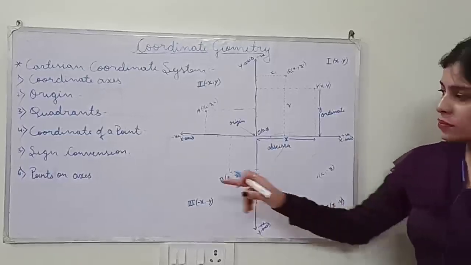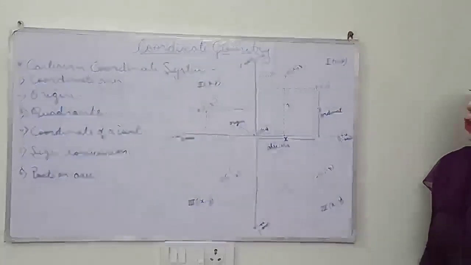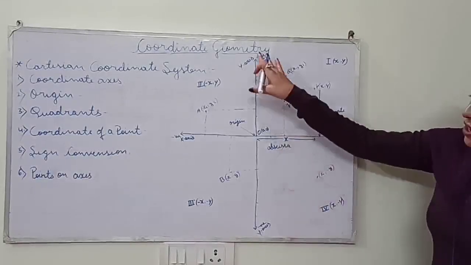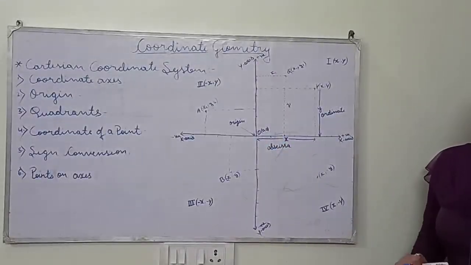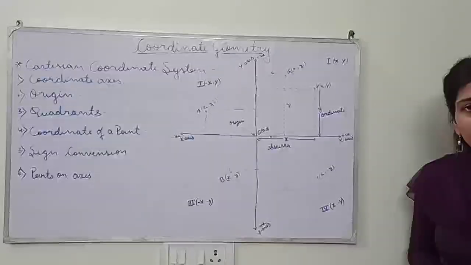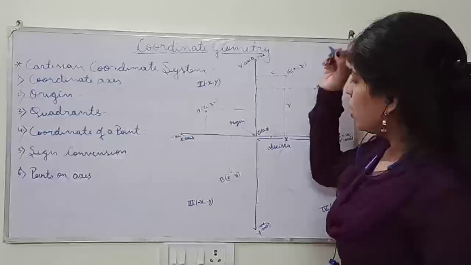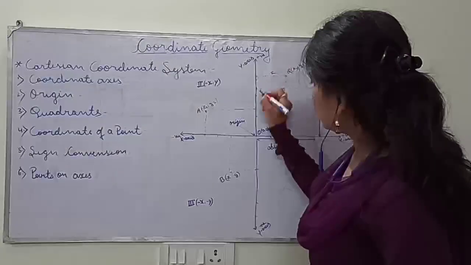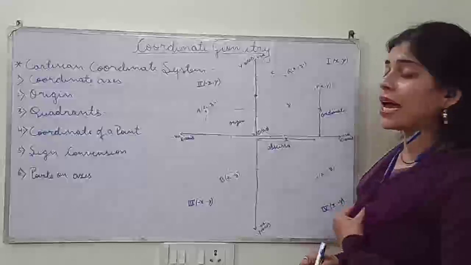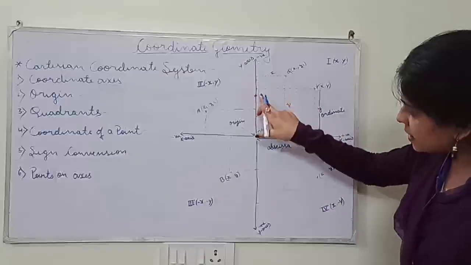Now, the sixth point is points on axis. Points on axis means if there is any point which lies on the y-axis and any point which lies on the x-axis, what will be its coordinates? Suppose here is some point which lies on the y-axis.